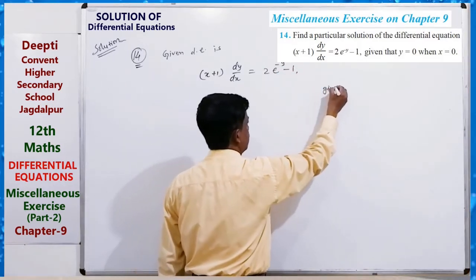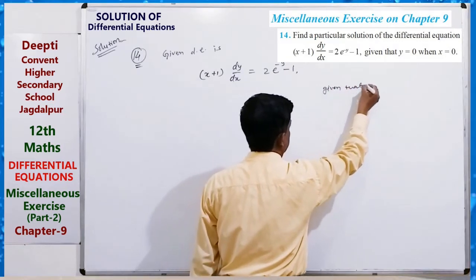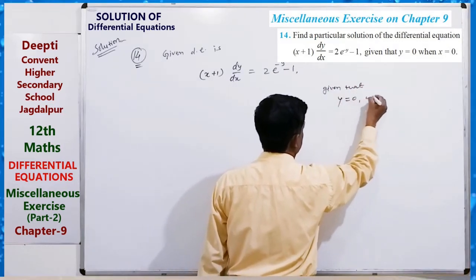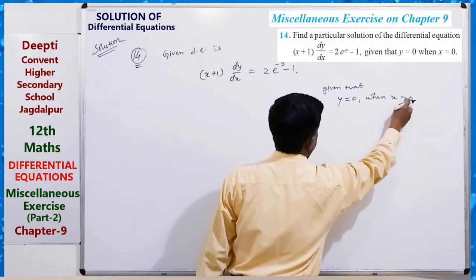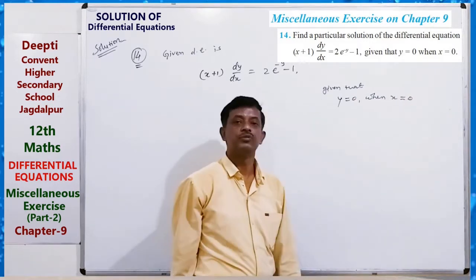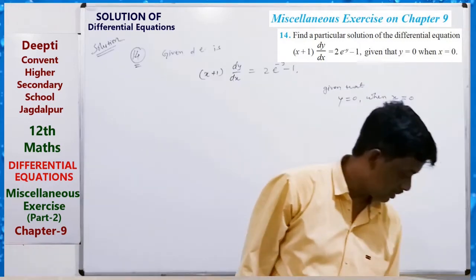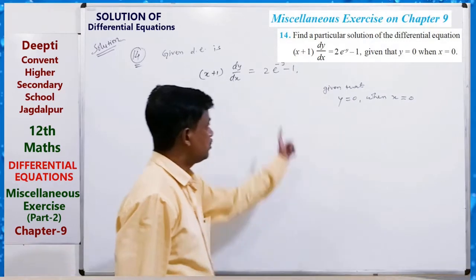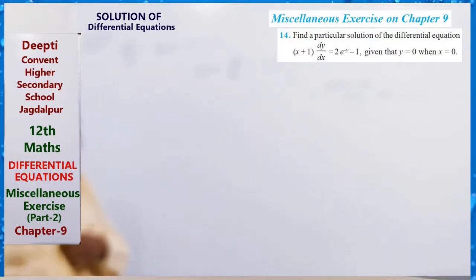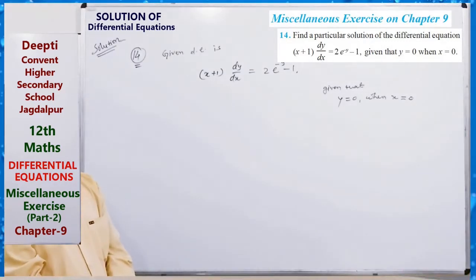Given that y equals 0 when x equals 0, this is the condition for the particular solution, just simple. Which format is it?